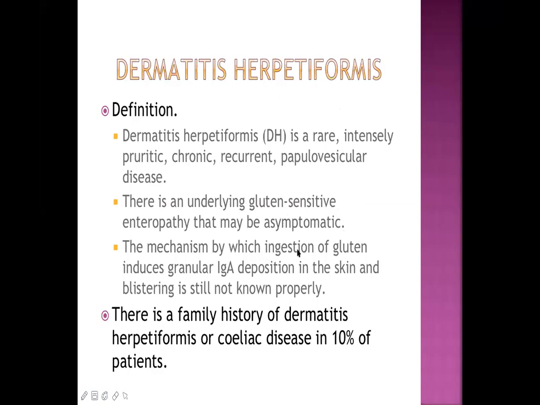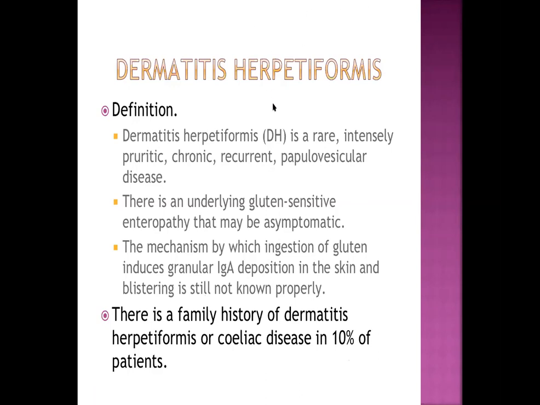Now the mechanism of this disorder: after ingesting the gluten containing food like wheat, rye, and barley, there is inflammation, and this inflammation is occurring on the skin in this case. Definitely, the inflammation also occurs in the GI tract, but we are not concerned about that now. That is a separate type of condition, though they are very strongly related with each other. Let's focus on the skin part.